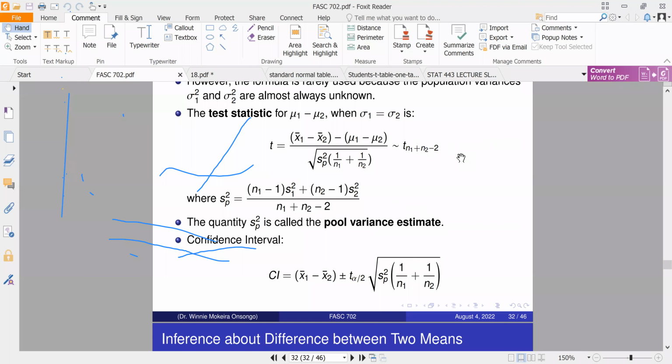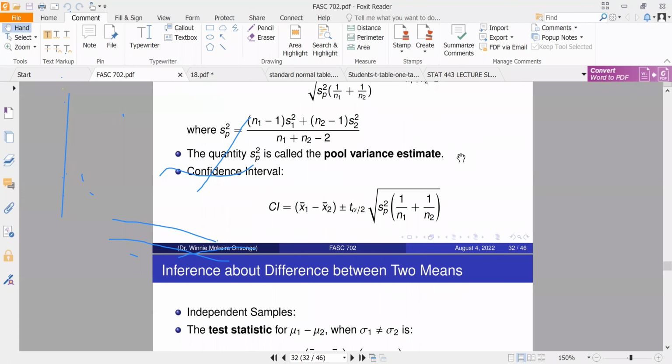Now, once we know our test statistics, we can also calculate the confidence interval for this difference of means.